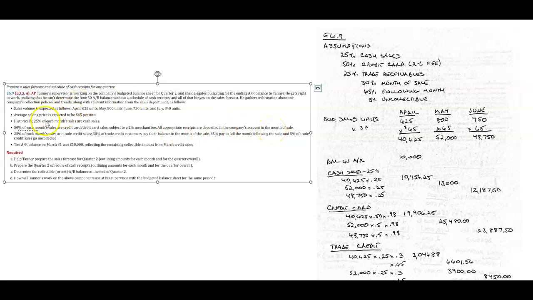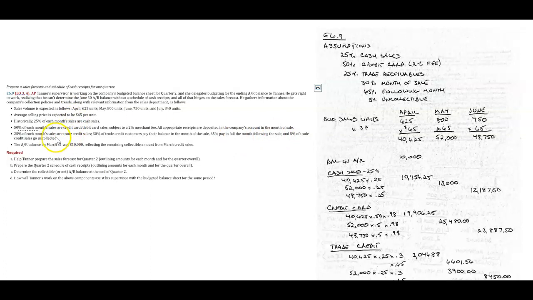And 25% of each month's sales are trade credit sales. Of trade credit customers, 30% pay their balance in the month of sale, 65% in the month following the sale, and 5% go uncollected.